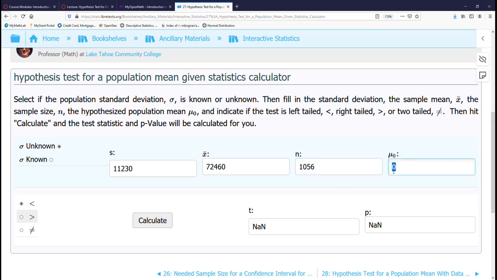And mu is 72,000. For the alternative hypothesis, we have the mean is greater than 72,000, so we're going to select greater than, and we'll select calculate, and here's our test statistic, 1.33, and our p-value is 0.09. Again, just a reminder, if you're using technology, always use T. If you're doing it by hand, you would have to use Z because the degrees of freedom is greater than 1,000.